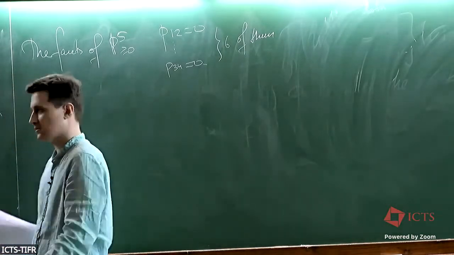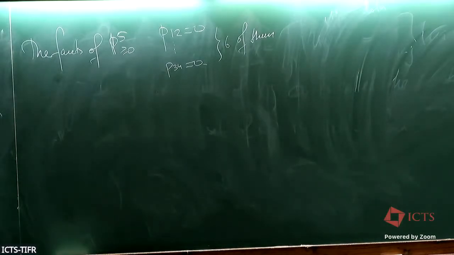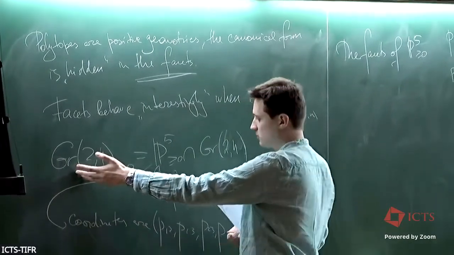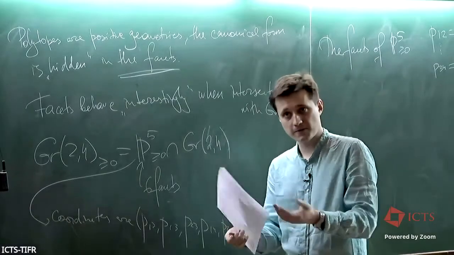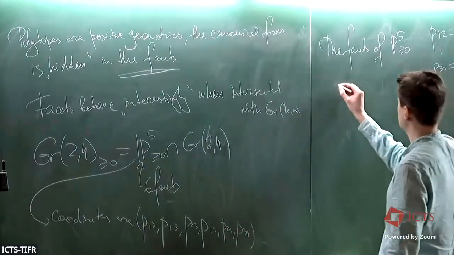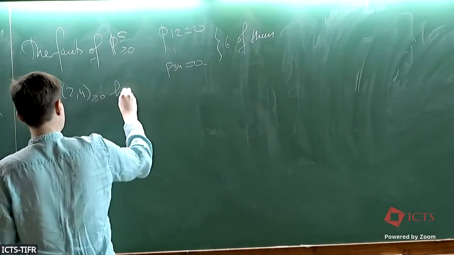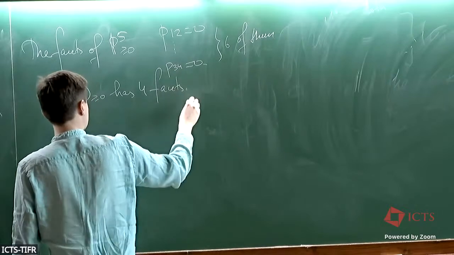Naively, you would expect this to also have 6 facets. You would not like to lose facets when you intersect with the Grassmannian, but you actually do lose facets. The Grassmannian GR24 only has 4 facets. And why is that?